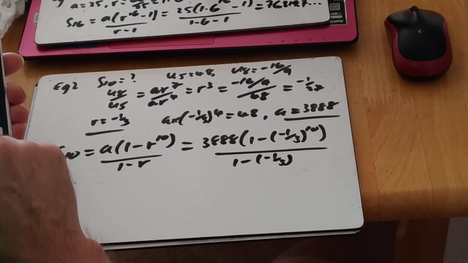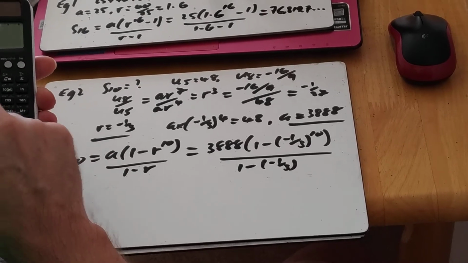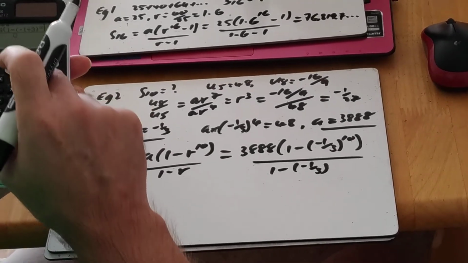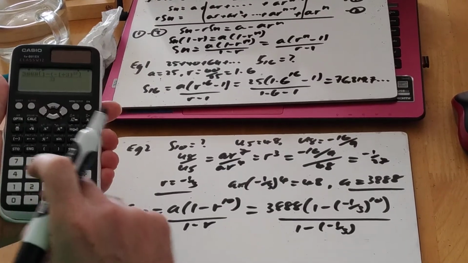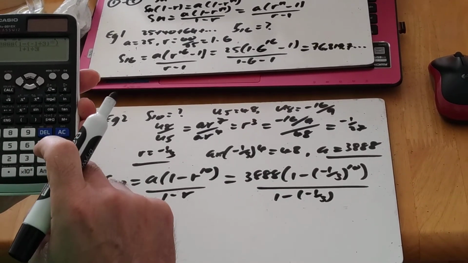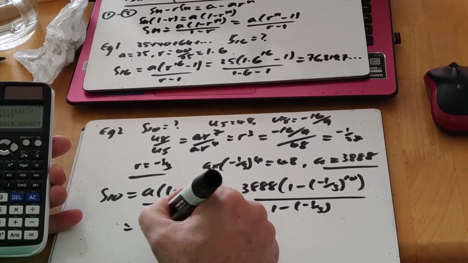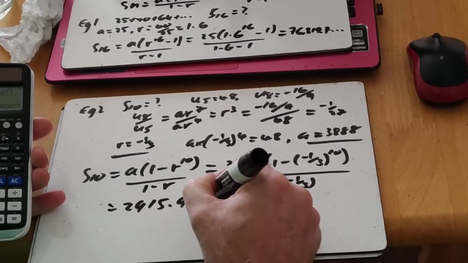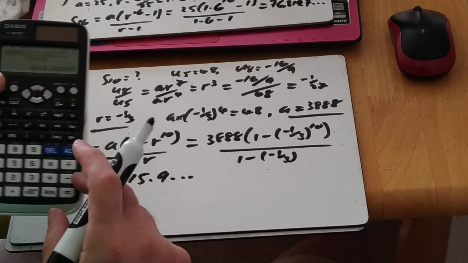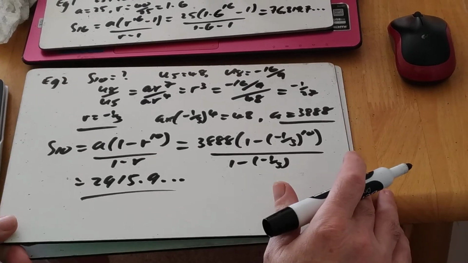And then press buttons. 3888, bracket, 1 minus, bracket, minus 1 over 3, to the power 10, little arrow, close bracket, over 1 plus 1 over 3. And I get 2915.9, I can round it off to 2916.0, 2915.95, whatever the answer is that they want as a degree of accuracy. So it's just button pressing at the end.